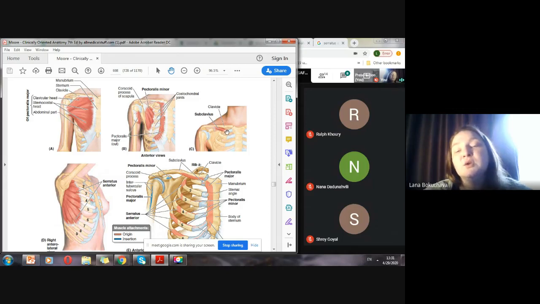And according to its distal attachment, it is very much associated, sure, with the clavicle, particularly its inferior surface, but it doesn't cover the whole inferior surface. As you can see, it's a small muscle, and mainly we say that the middle third part of the clavicle is the one where we have the attachment of the subclavius.